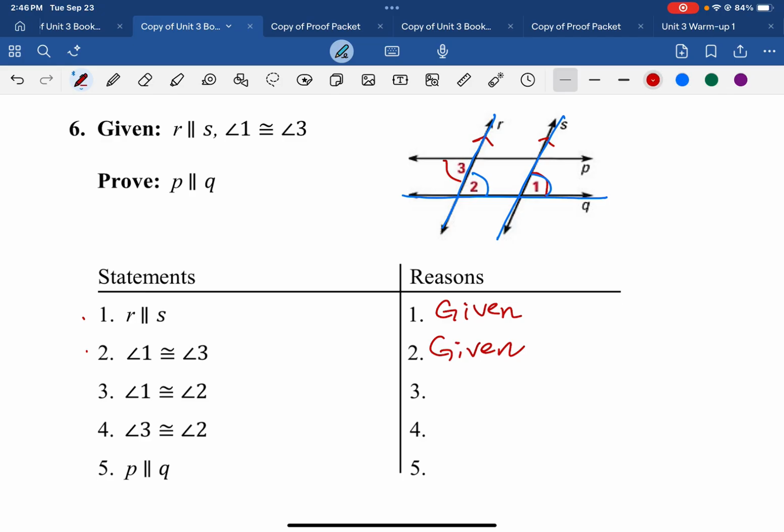So we're using the corresponding angles postulate. We already know the two lines are parallel. So we're using the regular postulate. If they're parallel, then the angles are congruent. All right, now let me get my trusty highlighter.